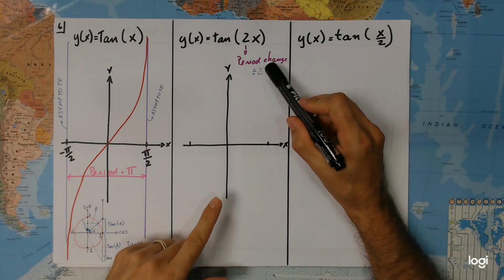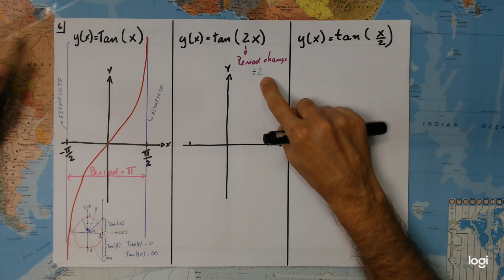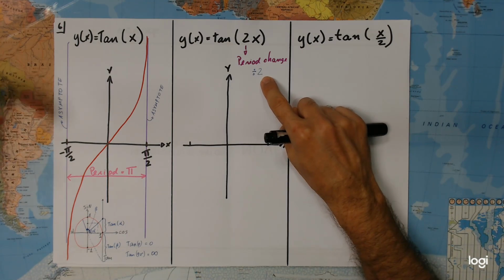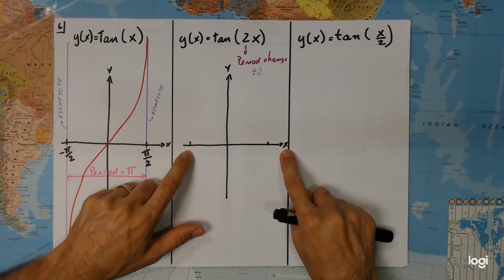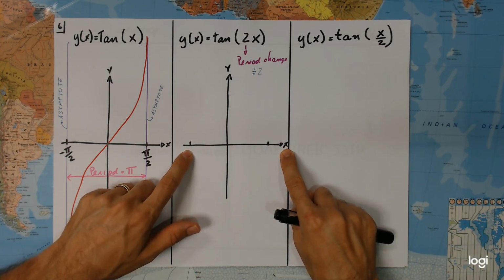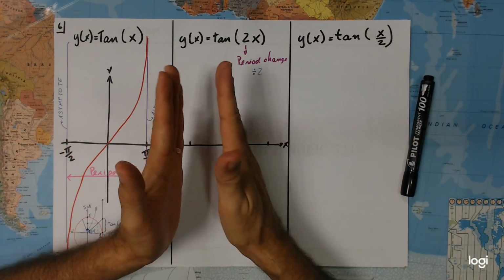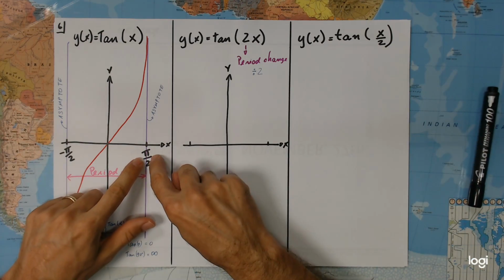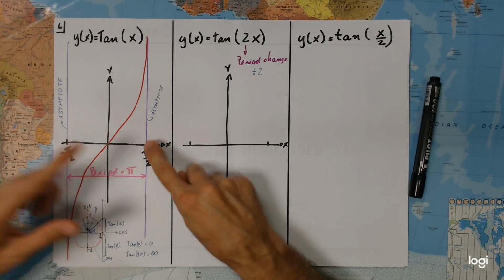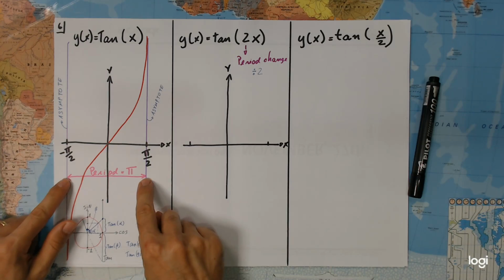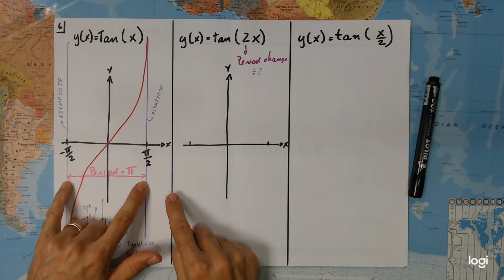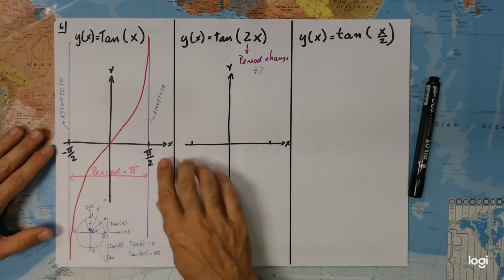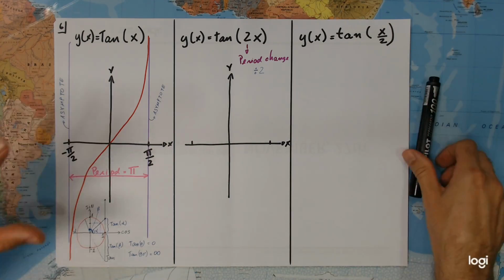Remember, everything that is related to the period is going to be divided by 2. What is everything related to the period? It is the x-axis. Everything in here is going to be divided by 2. All those points, all those lengths, all those widths.